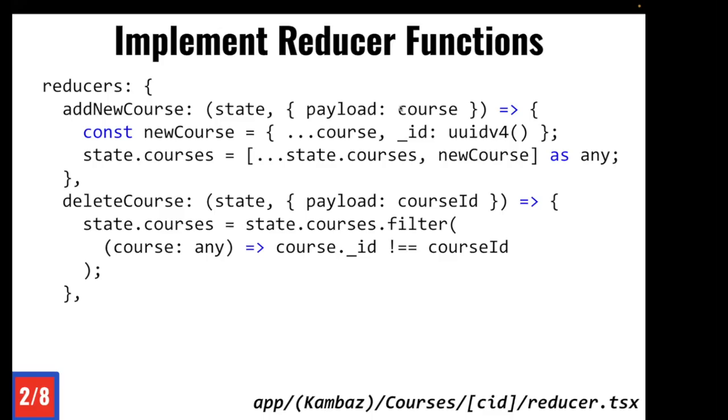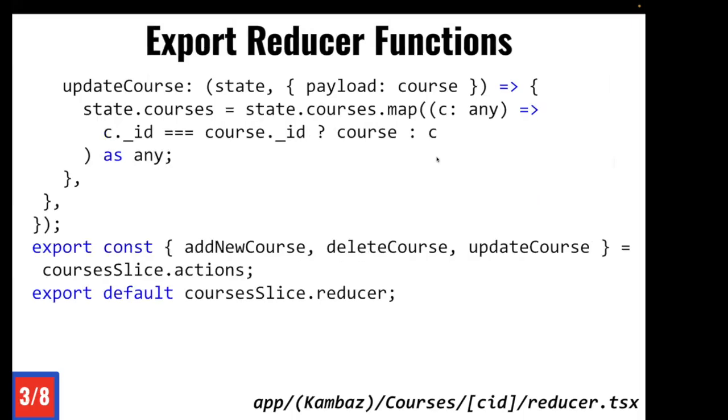Same thing here. When we add a new course, we send in a course object from the user interface, and that includes the edited title, the edited description, and so on. Locally, we're going to call the payload course, just a more useful name. We create the new course from that and append it at the end. And then finally the update course is again the same implementation.